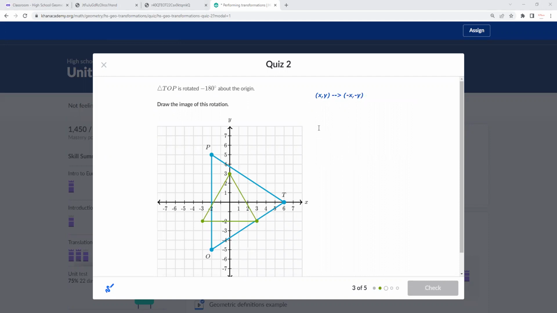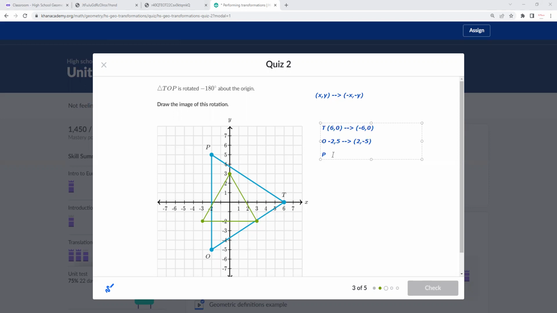So just do each point. We have T, O, P. Point T is currently at (6, 0). It then will go to (-6, 0). Point O is at (-2, -5). It will then go to (-x, -y), which would be (2, 5).